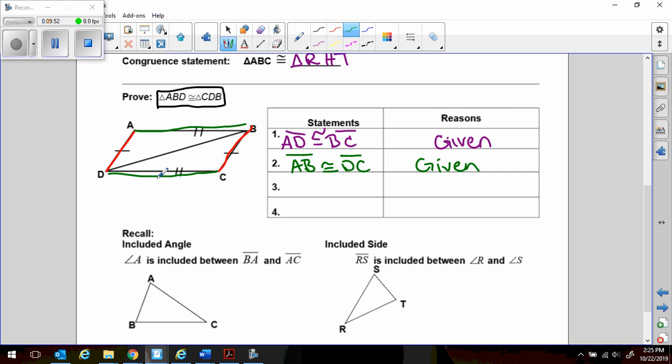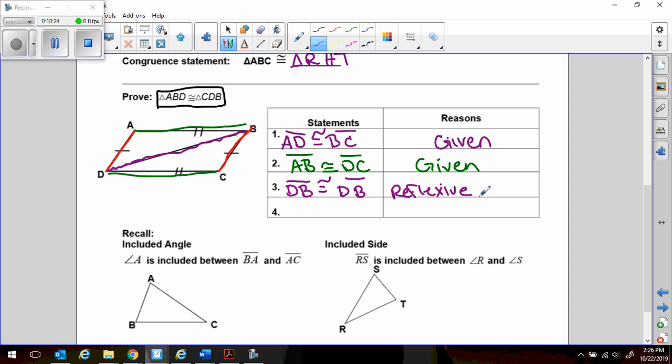Now, they didn't give us any other information, but I know that they have a side in common. You guys see that both triangles, the top triangle and the bottom triangle, are sharing the side DB. Now, if they're sharing something, either an angle or a side, we're going to say DB is congruent to DB, write it again. In both triangles, they're sharing the side, and the reason is going to be the reflexive property.